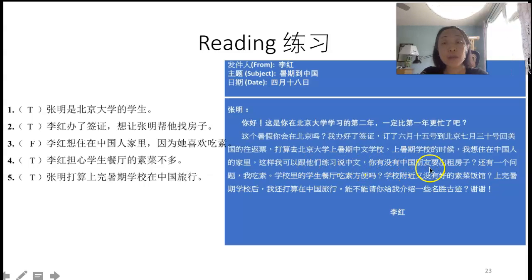你有没有中国朋友要出租房子? Do you have Chinese friends who want to rent out their house? 还有一个问题, another question. 我吃素, I'm a vegetarian. 学校里的学生餐厅吃素方便吗?